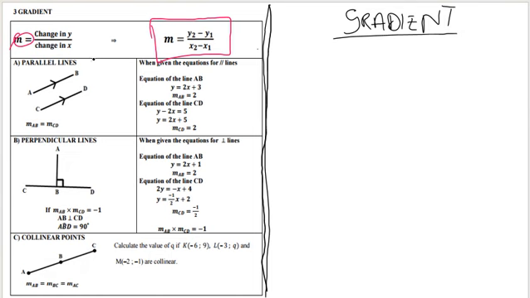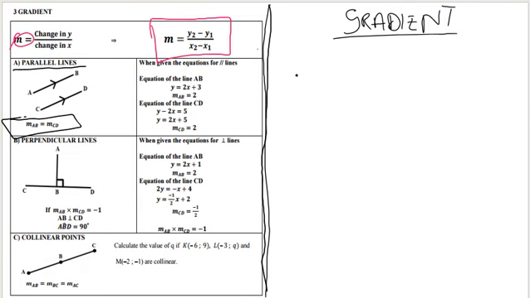The gradient, these are the properties that you need to know. The gradient of parallel lines is always equal. The product of the gradients of two perpendicular lines has to be equal to -1.